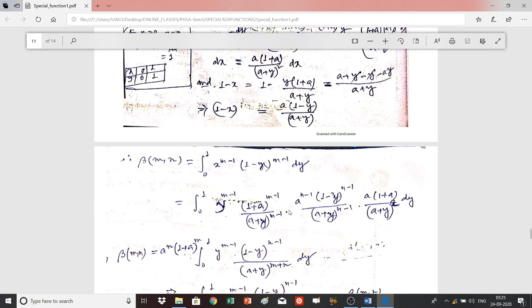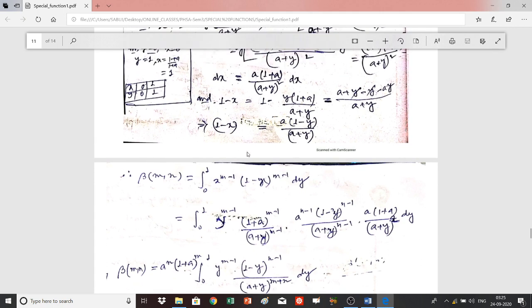Then the value of (1-x)^(n-1) will give you a^(n-1)(1-y)^(n-1) over (a+y)^(n-1), and then the value of dx, that is equal to a(1+a)/(a+y)^2 dy.